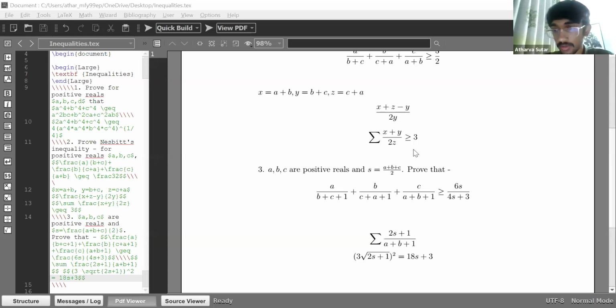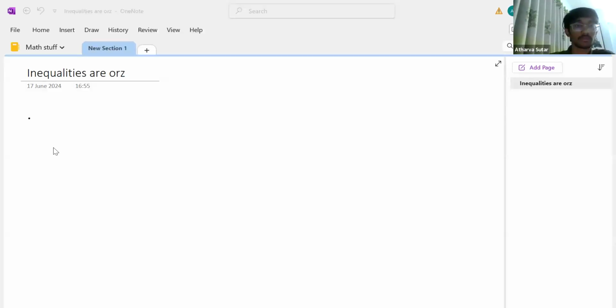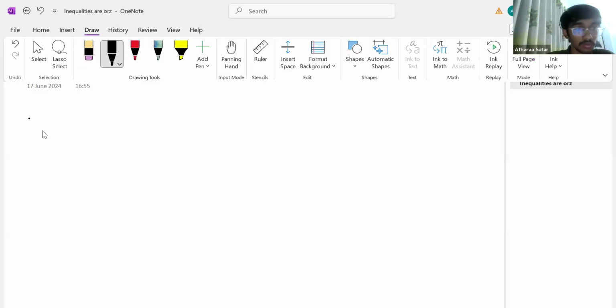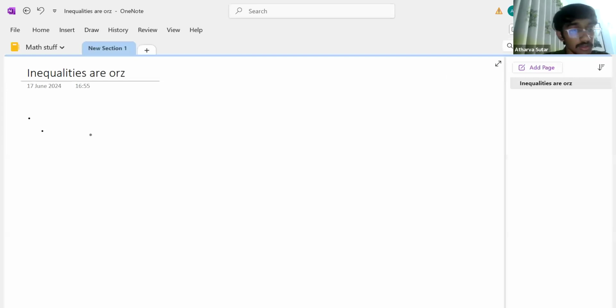Okay. Now I'll explain what convex and concave functions are, and I'll also explain cyclic and symmetric sums. So the cyclic sum is denoted for multiple variables.